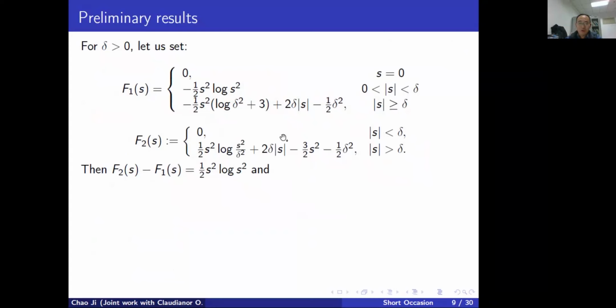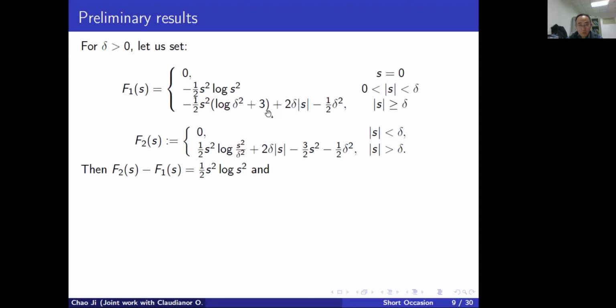So we don't have any difficulty there. But f2 of s minus f1 of s equals this part, and we cannot delete it. So we assume f1 of s equals this part when this holds. Why do we write it this way?